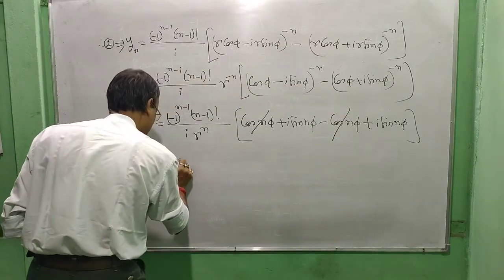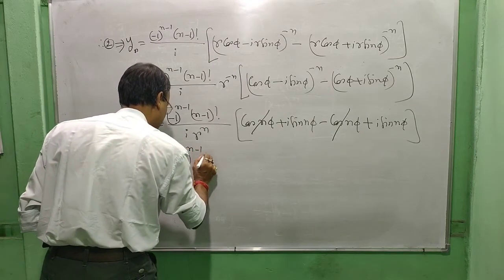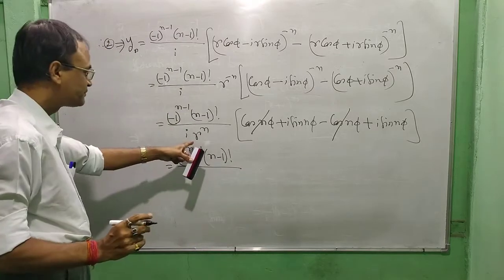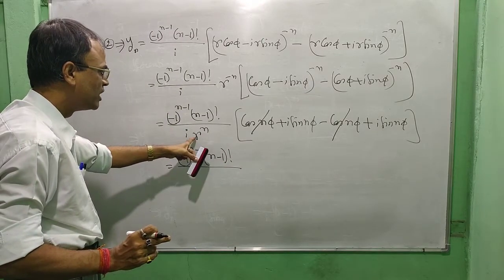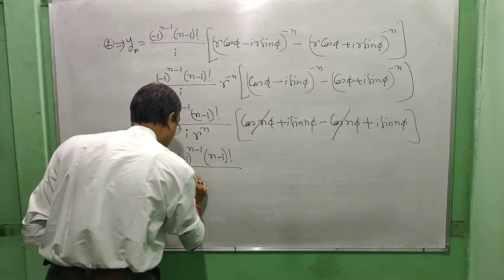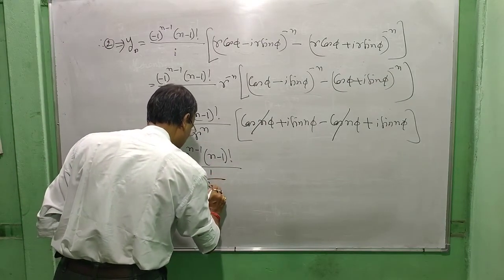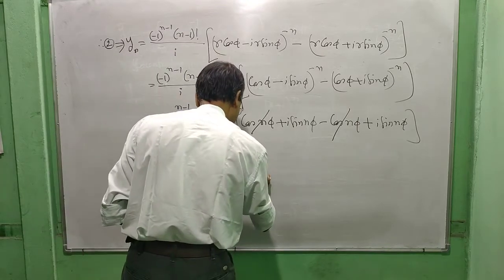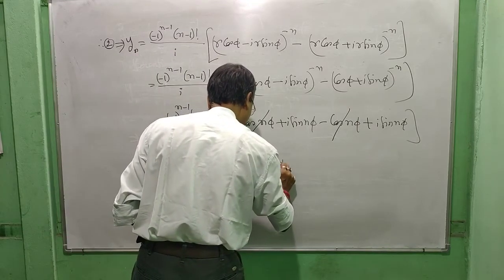This is equal to minus 1 to the power n minus 1, factorial n minus 1. Since 1 is equal to r sin phi, r is equal to 1 by sin phi to the power n. It will be 2i sin n phi.